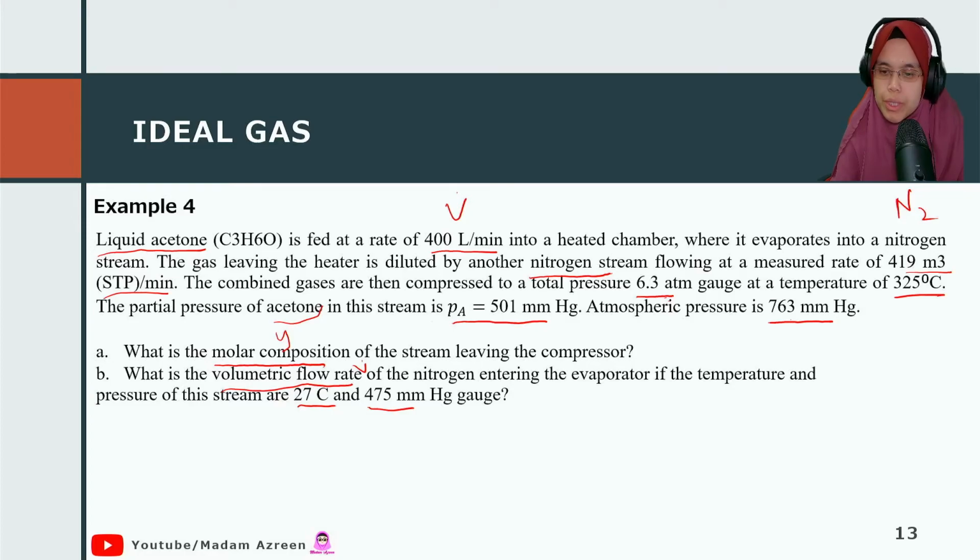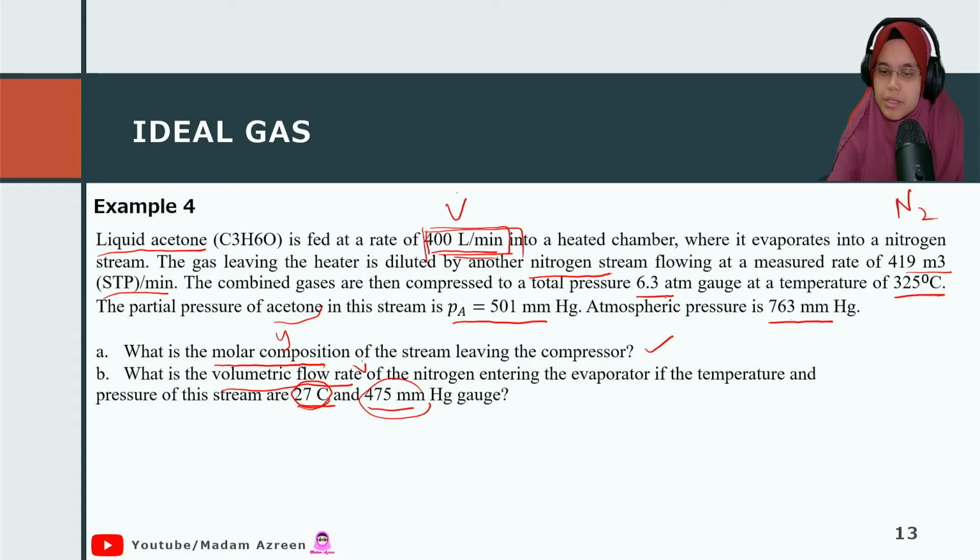So it's talking about nitrogen, and it wants to find the molar composition, which is the Y we already defined, and then we have the volumetric flow rate of nitrogen at this temperature and pressure. How about this value? Are we using it or not?